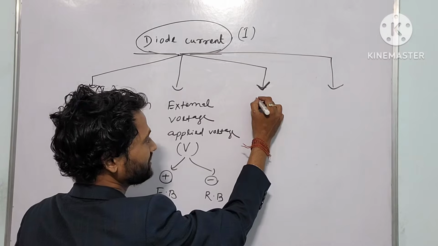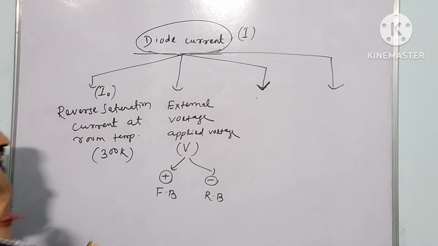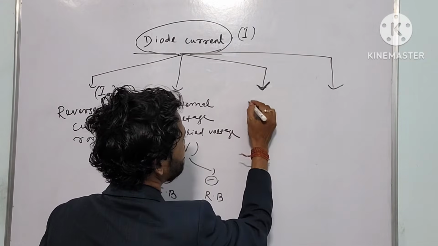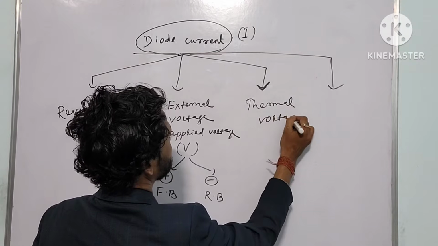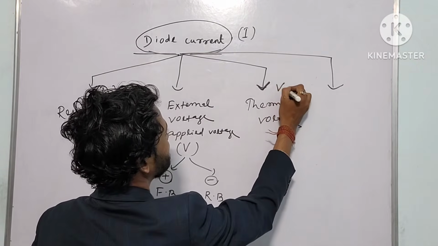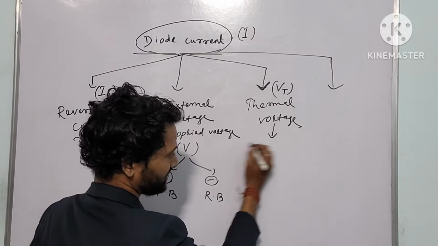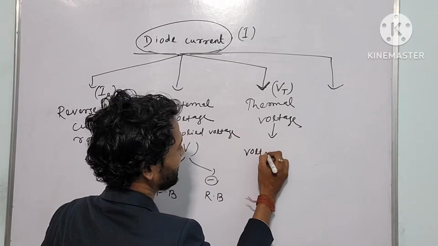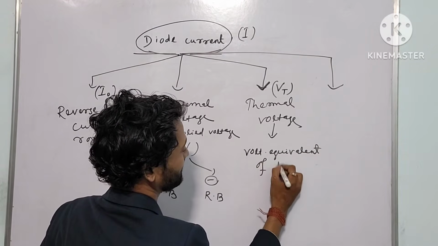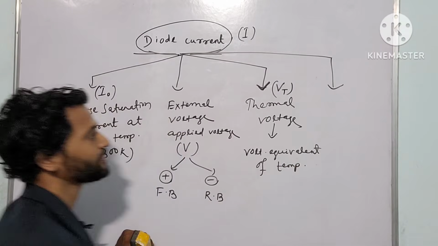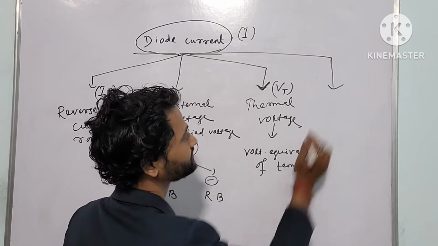And third is most important. It depends on the voltage across the junction at a particular temperature. You can say it is thermal voltage, denoted as VT, capital V with suffix T. Thermal voltage is the volt equivalent of temperature.